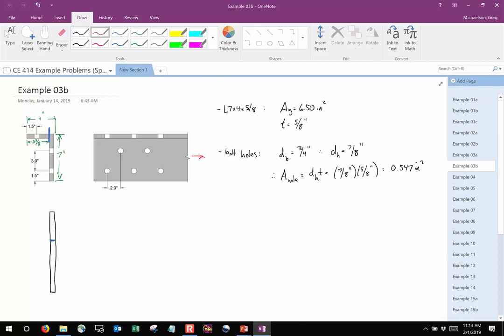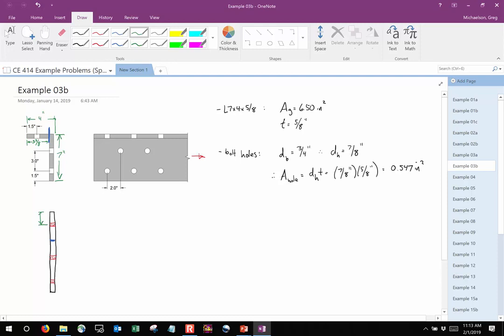All right? So we got bolt hole number 1, bolt hole number 2, bolt hole number 3. And what dimensions do we know? Okay? Well, let's see. What's this dimension right here?